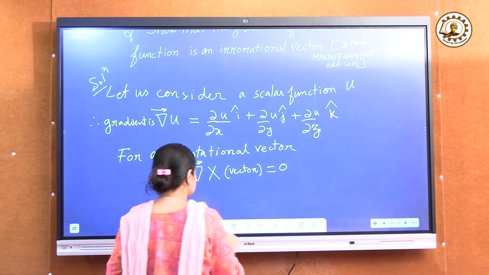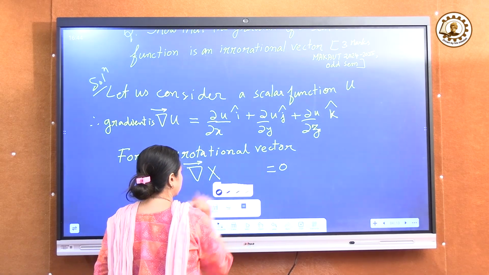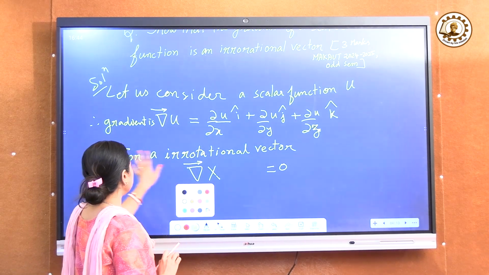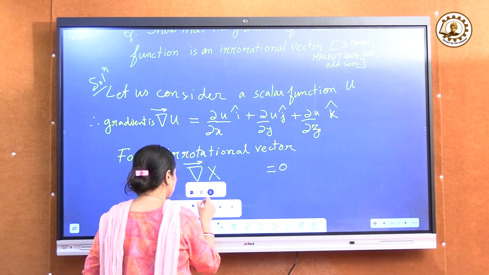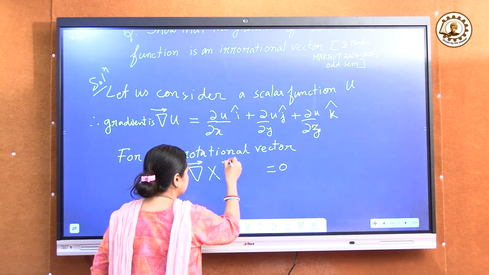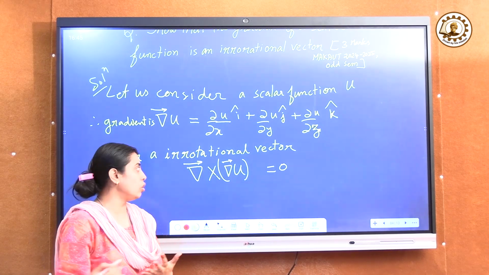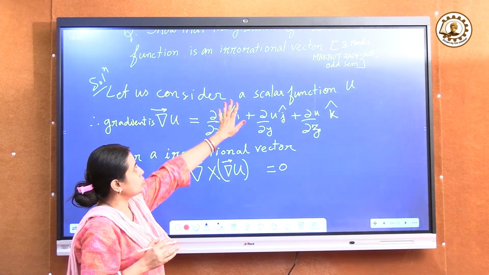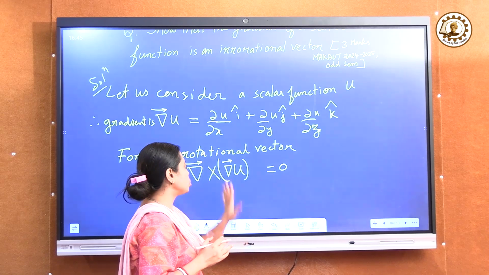This you need not write here. What I have to show is that, for an irrotational vector, the curl of what the question has asked us to take, the gradient of u, is zero. Curl of gradient of u equal to 0, if we can show this, our problem will be solved.